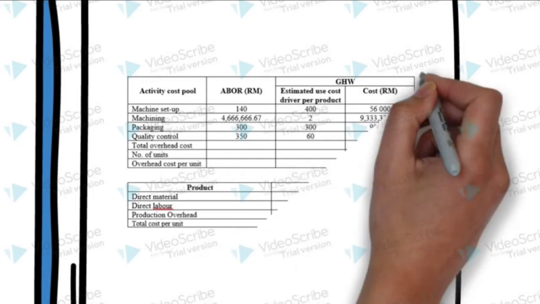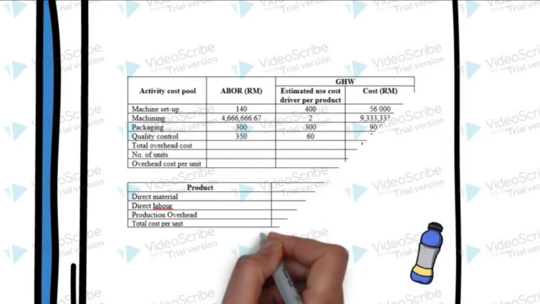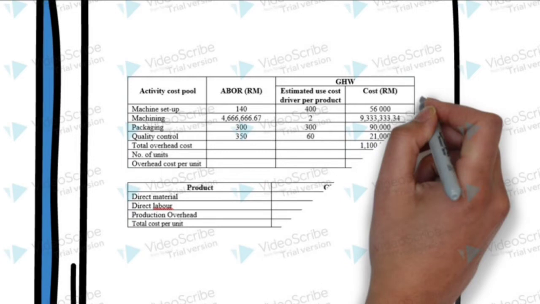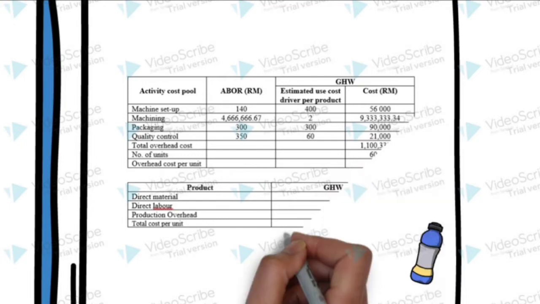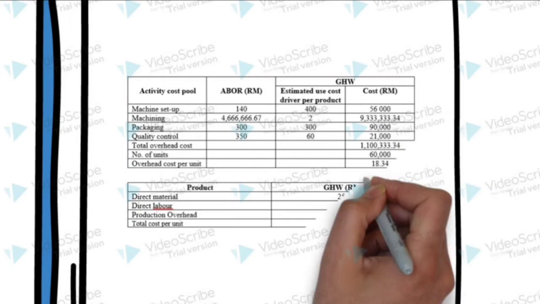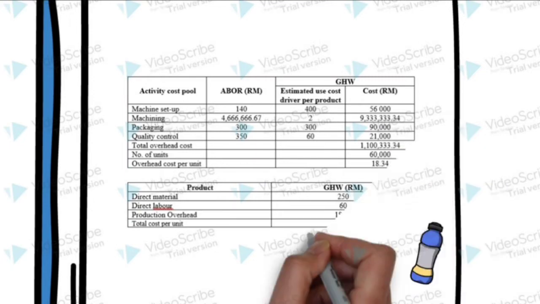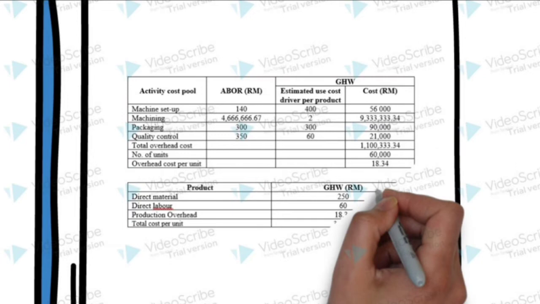The first activity cost pool is machine setup with a rate of 140 ringgit multiplied by 400, so the cost is 66,000 ringgit. Secondly is machining. With a rate of 4,600,000 and 66,666 ringgit 67 cent multiplied by 2, the cost for machining will be 9,300,000 and 33,333 ringgit 34 cent.